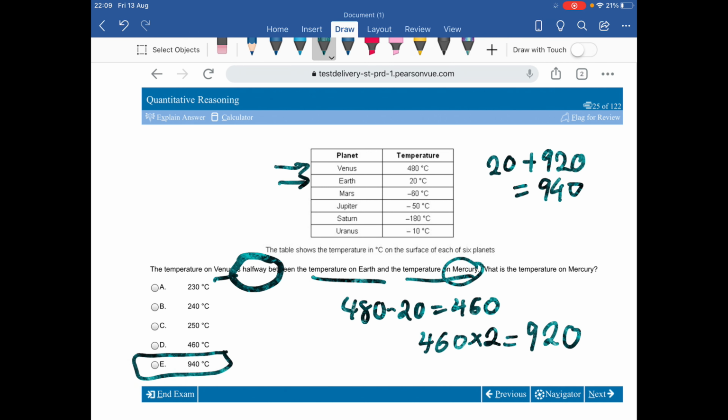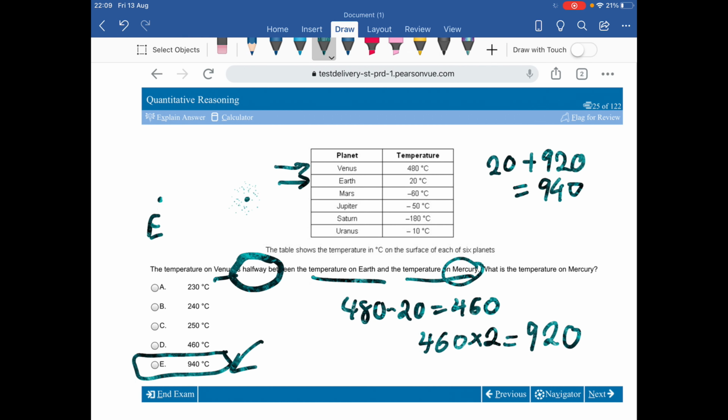And with this question you can just exclude very, very easily. Without even doing the calculation, I would just know that the answer is E. And the way I would know that is because the temperature on Venus is just halfway. So the temperature on Mercury must be way greater than Venus if Venus is on the halfway point.